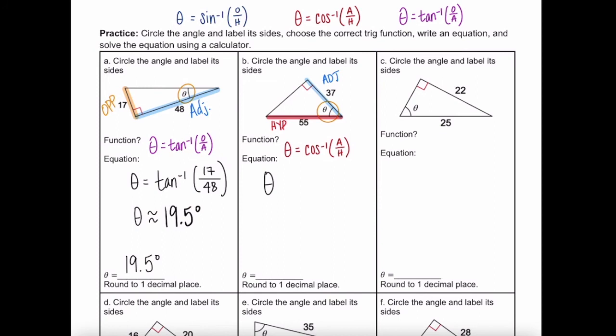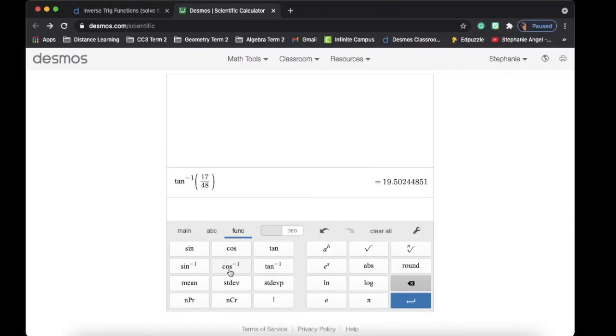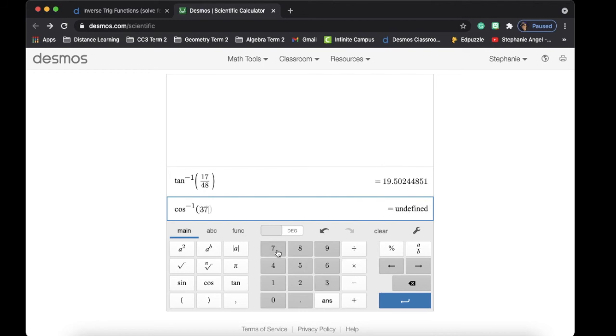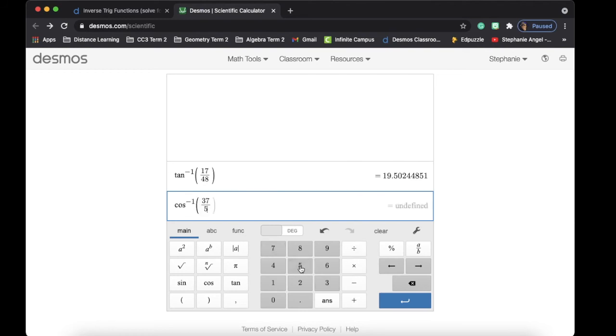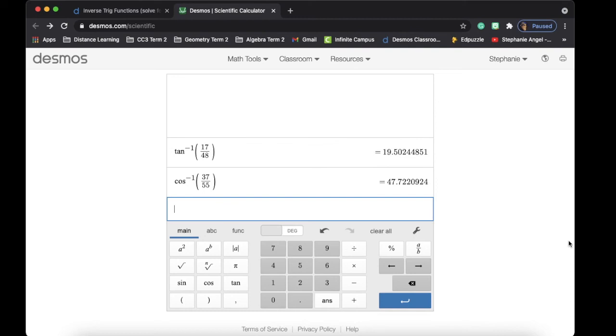So our angle theta is equal to the inverse cosine of our adjacent side, 37, divided by our hypotenuse, 55. Let's grab our calculator, go to the functions tab, and find inverse cosine, and then type in 37 divided by 55, and our angle measure is 47.7 degrees.